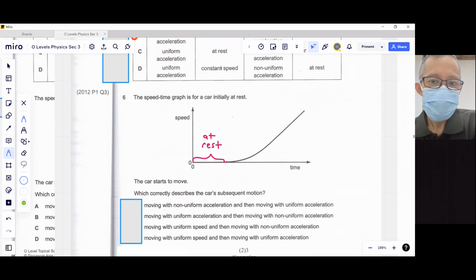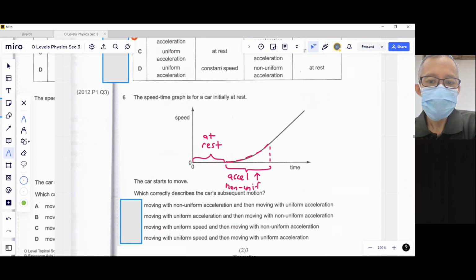Then what happened to the curve here? The slope is increasing, increasing, increasing. So I hope you can tell that means acceleration is increasing because slope is increasing. So acceleration is non-uniform because it's changing non-uniformly.